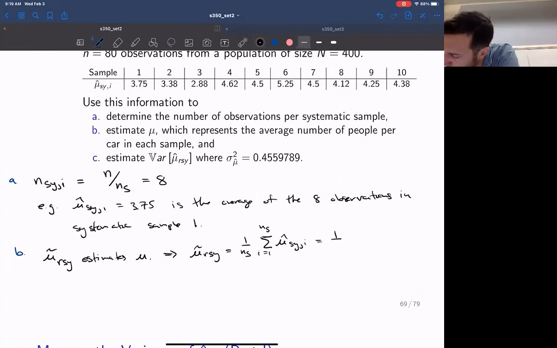So this is going to be 1 over 10 multiplied by 3.75 plus 3.38 all the way up to 4.38. So here, I'll just get rid of this middle one so that I have a little bit more room. Right. And then this should give us 1 over 10 multiplied by 41.63, which is equal to 4.163.